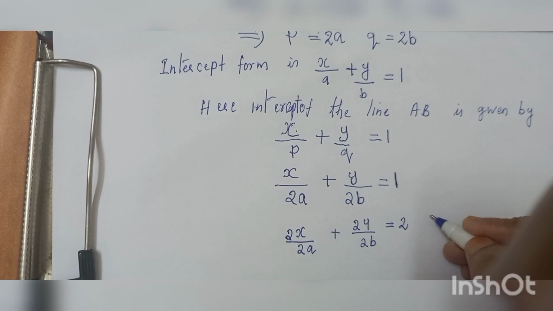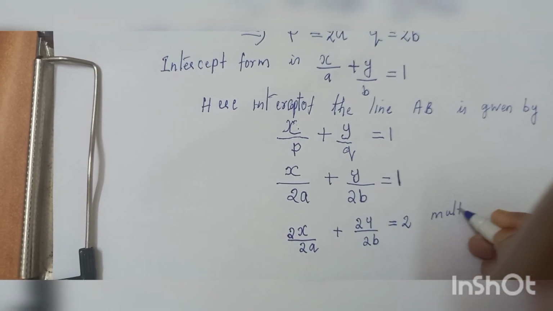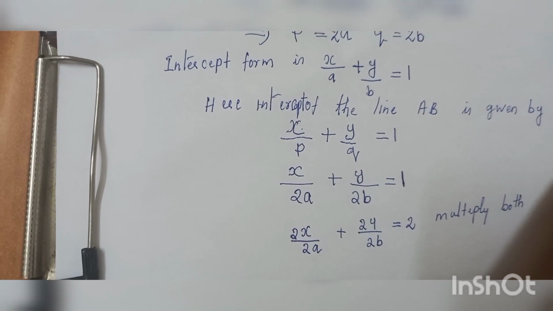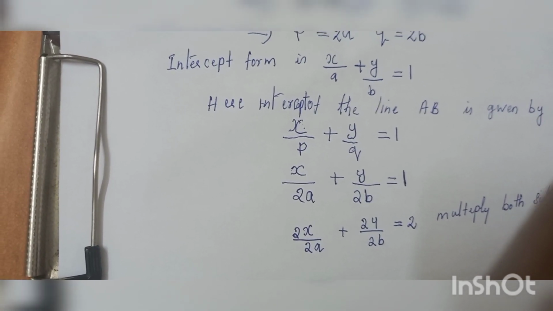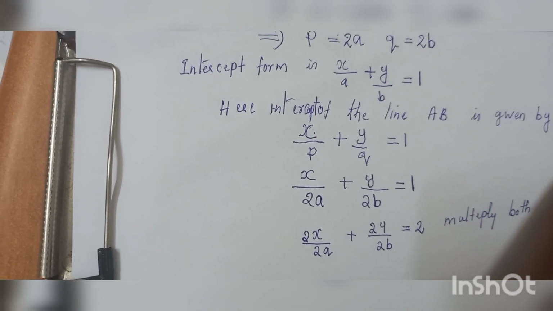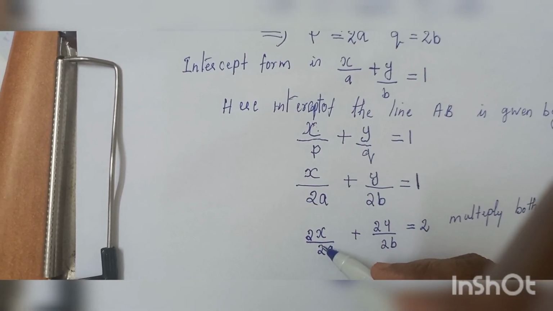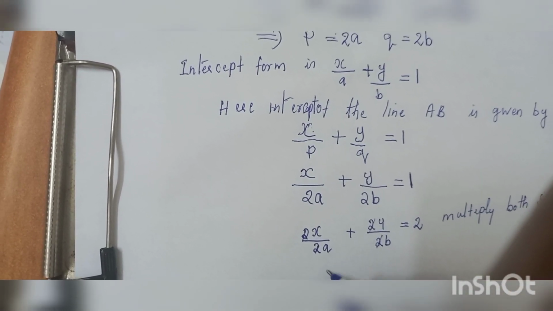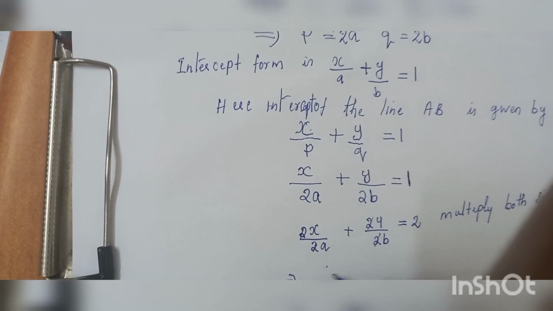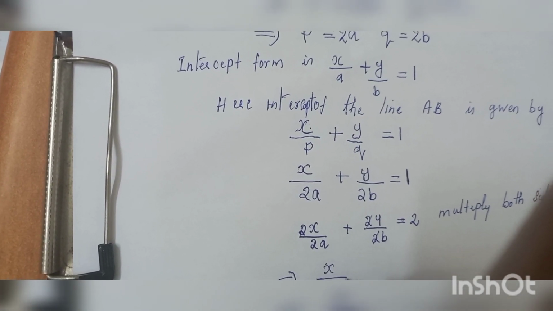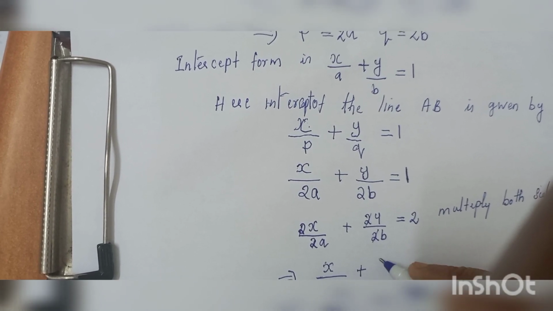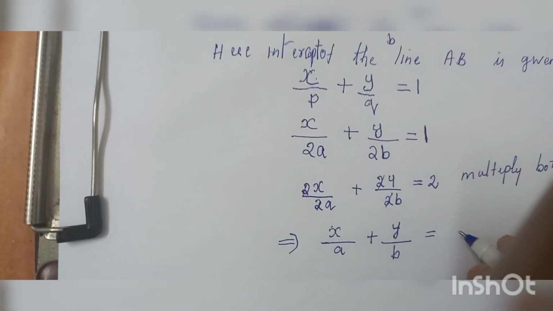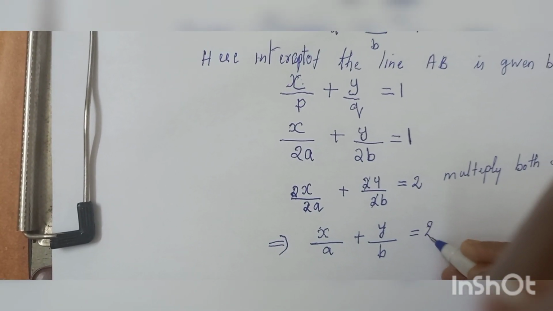Here what we have to do? Multiply both sides by 2. So these 2 and these 2 get cancelled, and these 2 and these 2 get cancelled. So which implies x by a plus y by b is equal to 2.